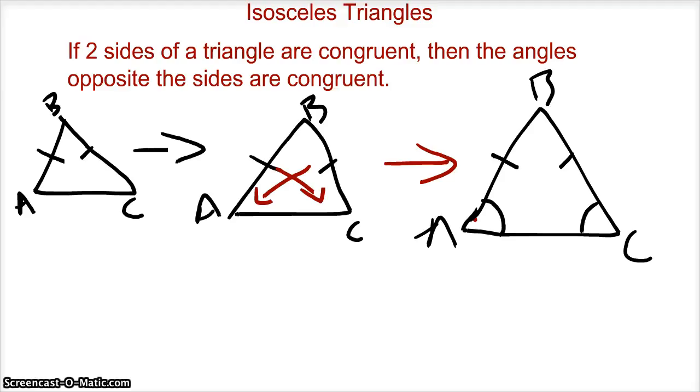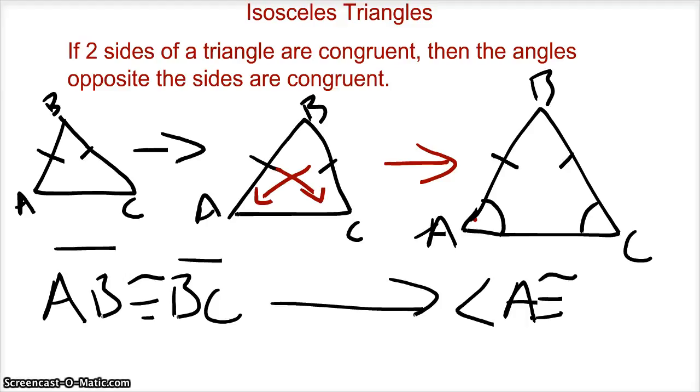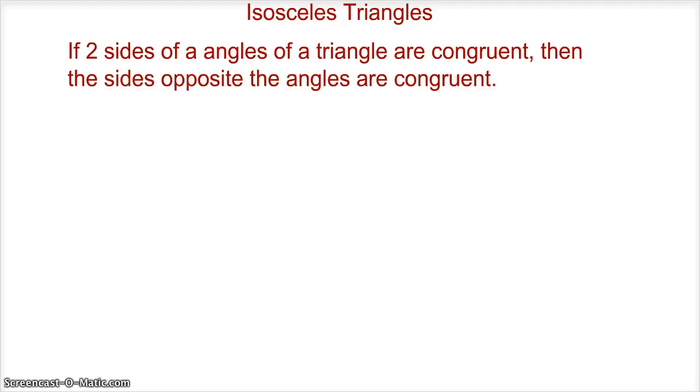Congruent arc marks. So because AB is congruent to BC, then angle A is congruent to angle C. Alright, then of course, that was the advanced statement.